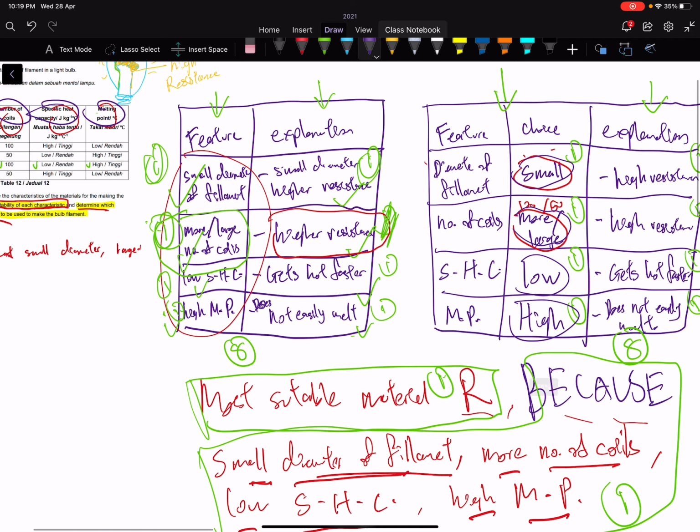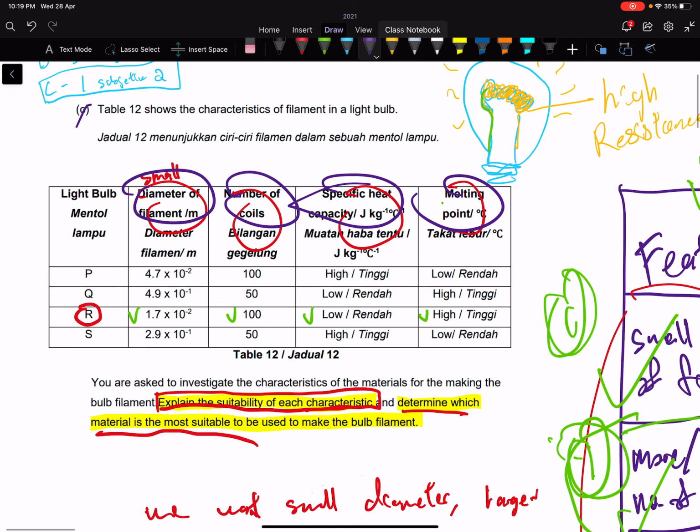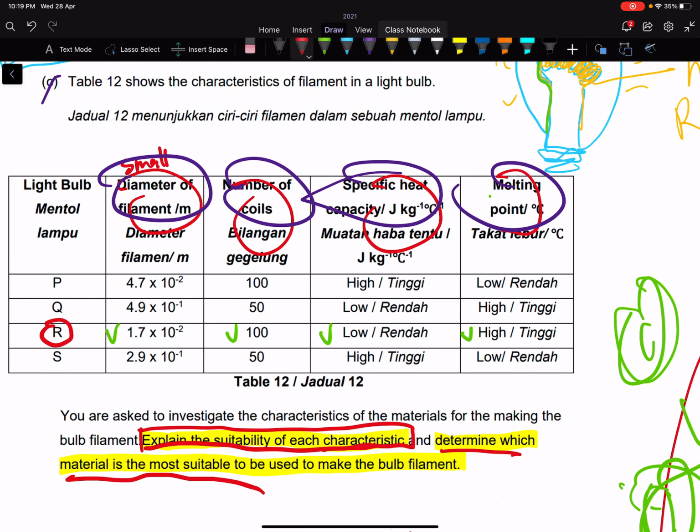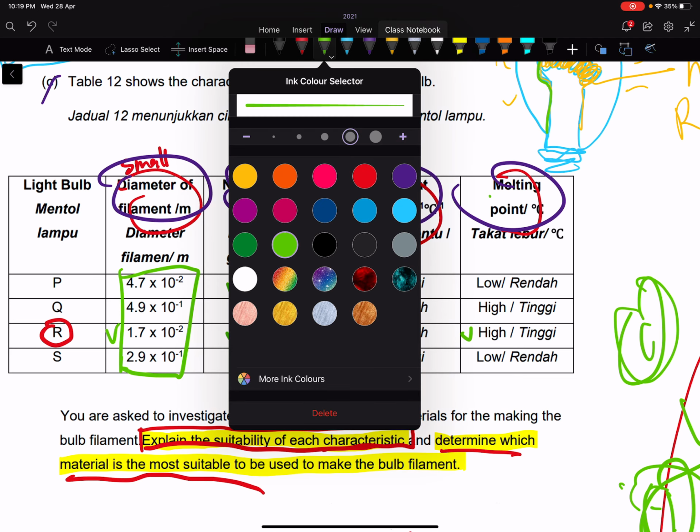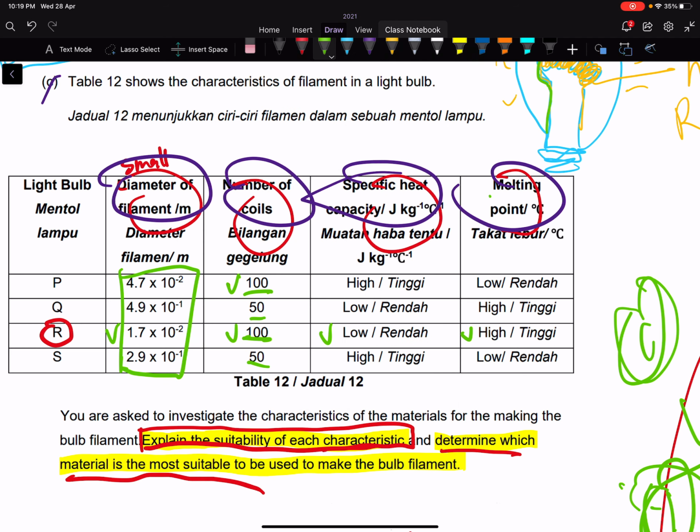Alright? Another thing is, most of the time you get really nice factors over here, like 100, 100, 50, 50. But for this case, you can see all of these numbers are different. Okay? So what I recommend, you rank them 1, 2, 3, 4. Because in some cases, the answer may not be the lowest one. It may be the second lowest one, or second highest.